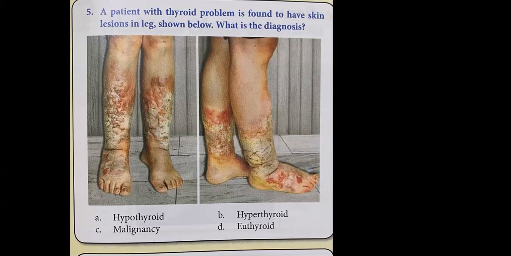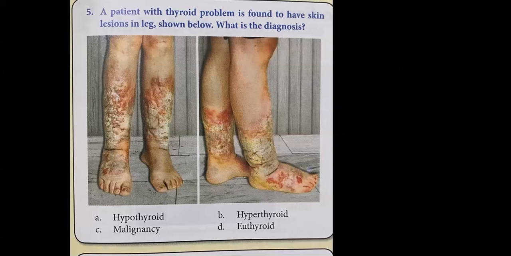And the most common menstrual abnormality in hypothyroidism is menorrhagia.